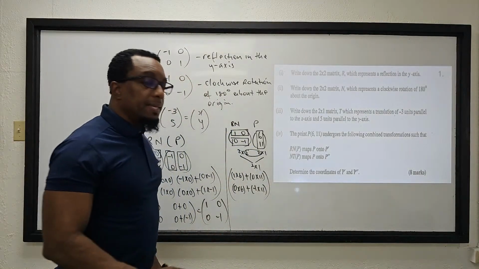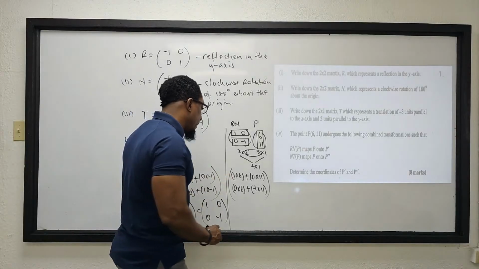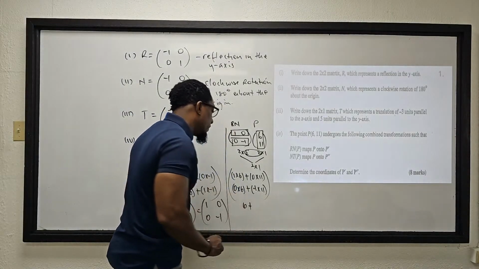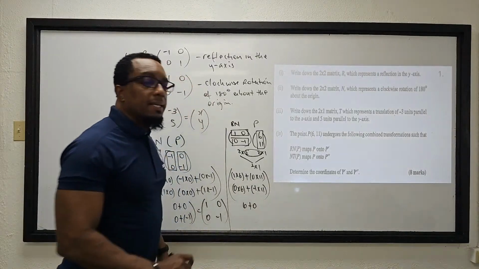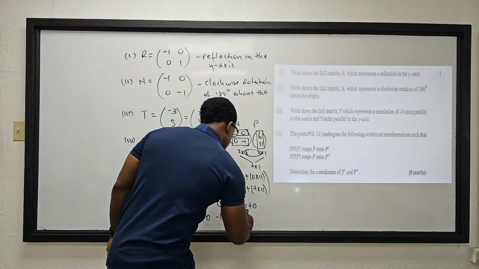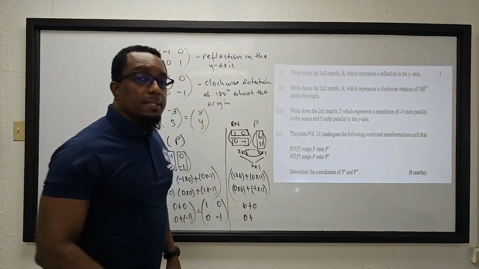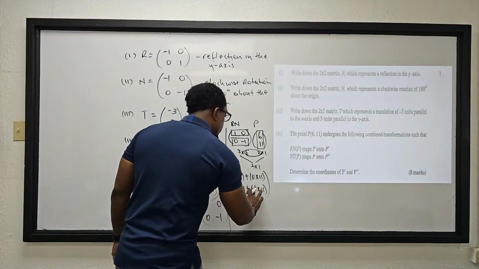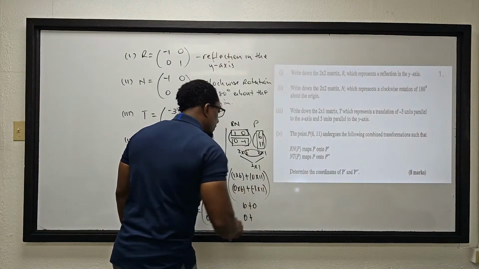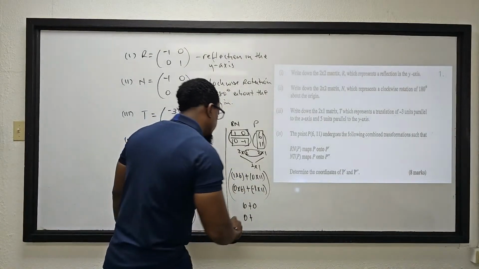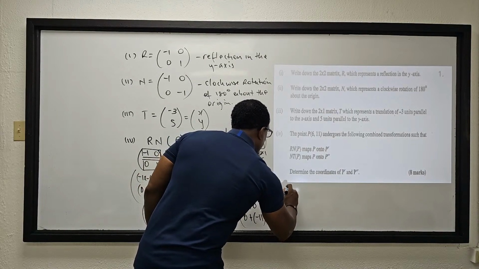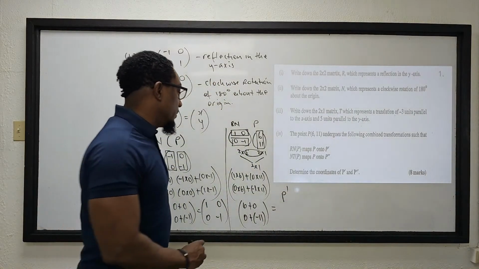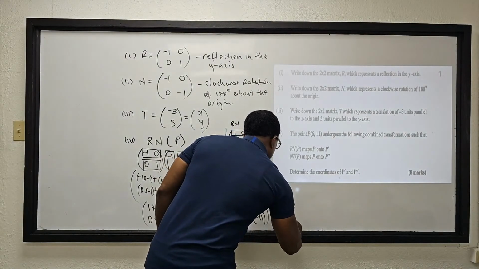And therefore we're going to get P prime as 6 by 1 is 6 plus 0 by 11 is 0, 0 by 6 is 0 plus negative 1 by 11 will give us negative 11.